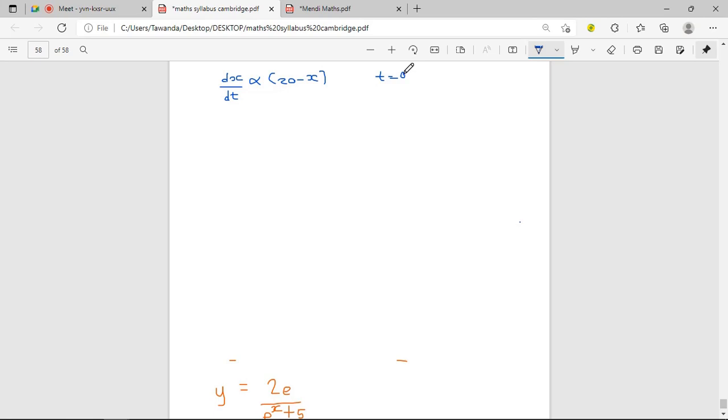We are also given x equals 0. And also we are given dx over dt equals 1. These are the initial conditions given.